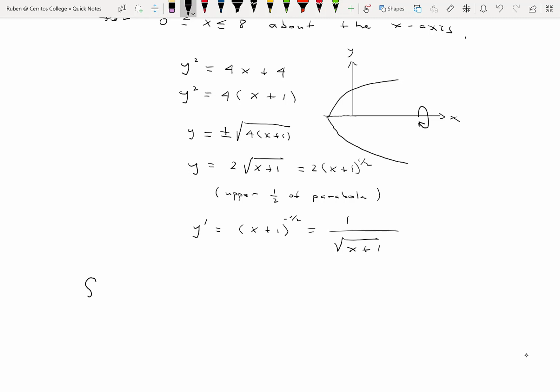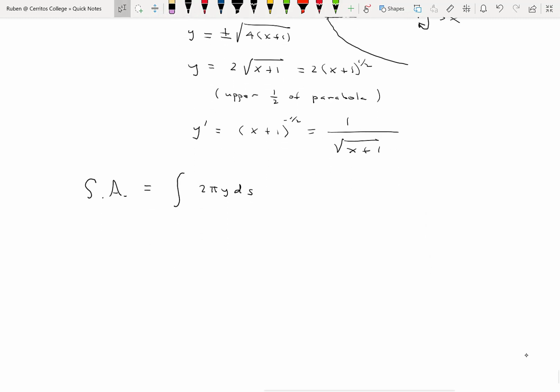So now our surface area. The surface area, S, or SA for surface area, the basic formula is 2 pi y ds. Real simple formula to remember. Of course, we have to remember the ds, the differential element of arc length from 8.1, has two separate forms.